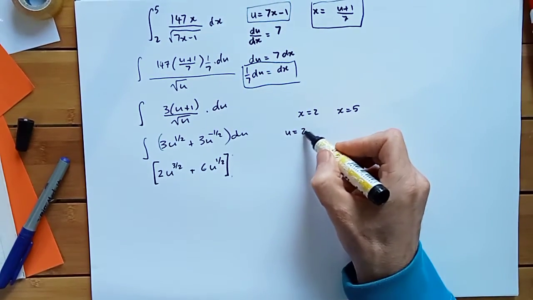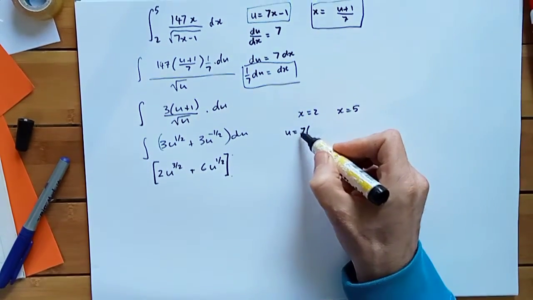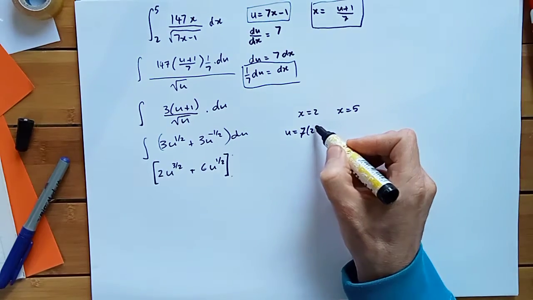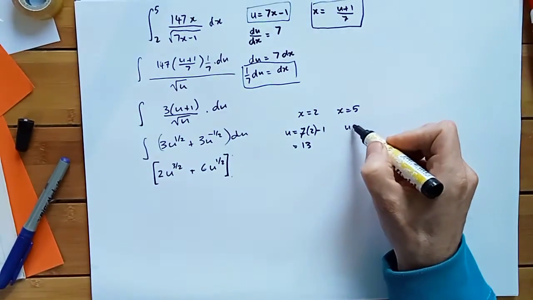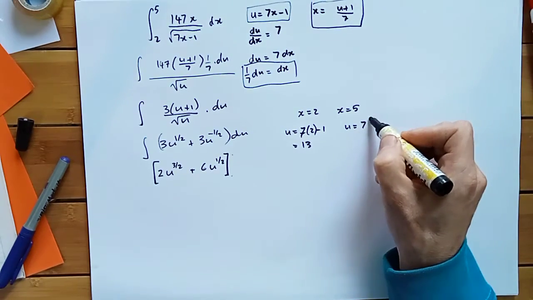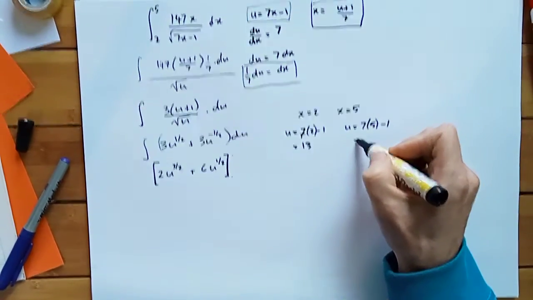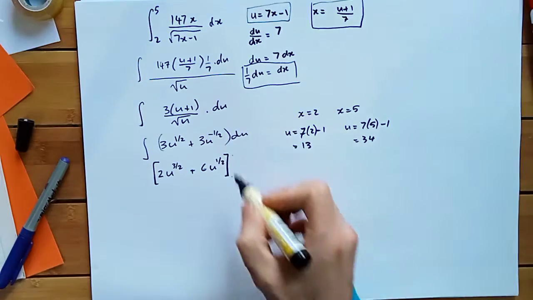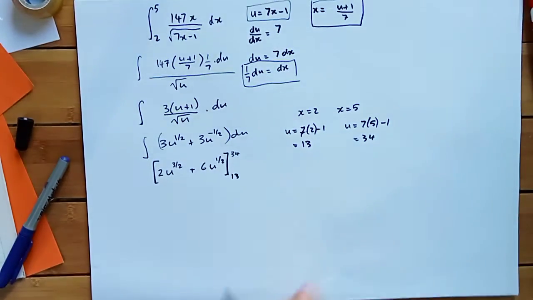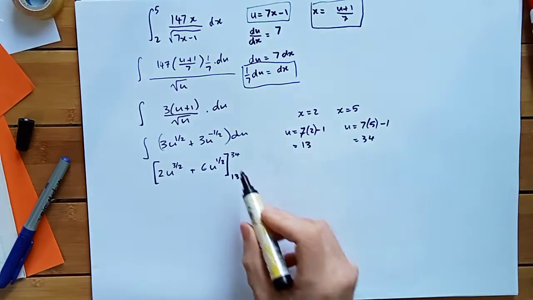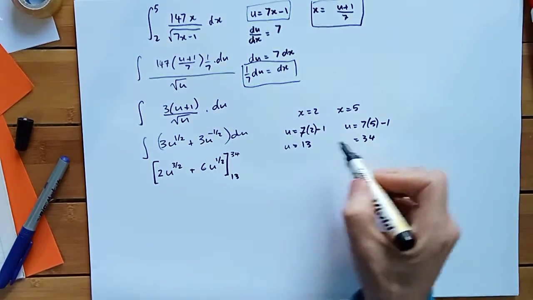Well, in this case u equals 7 lots of 2 minus 1, 13. And the other u value was 7 lots of 5 minus 1, 34. So they took the bounds between 13 and 34. That's what u is each side.